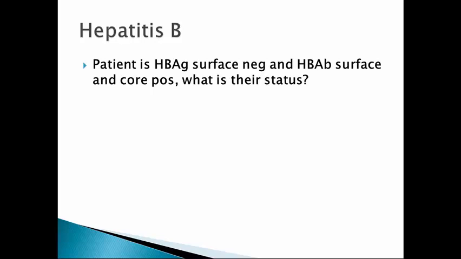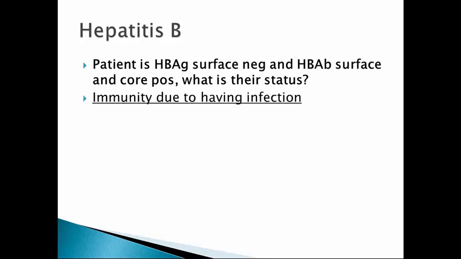What's their status? They are immune, and their immunity was conferred by actually having the infection. They have antibody on both surface as well as core. And you know they're not actively infected because their antigen on the surface is negative.